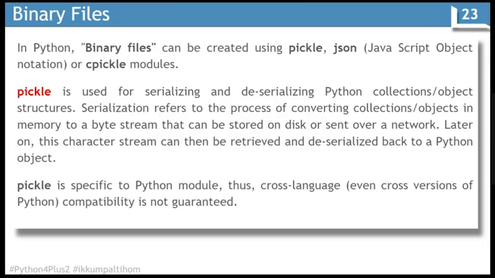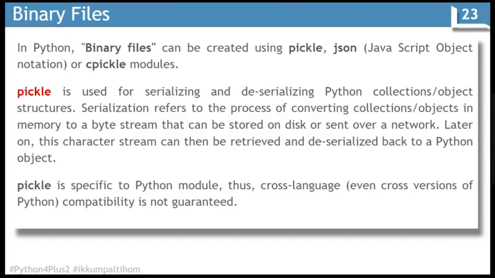Pickle is specific to the Python module only, thus cross-language, and even cross-version compatibility issues of Python will be there. So you have to be very, very careful. Don't expect the pickle file to open in a C++ program or Java program. It is going to work only in Python, and some version-related issues are also there.